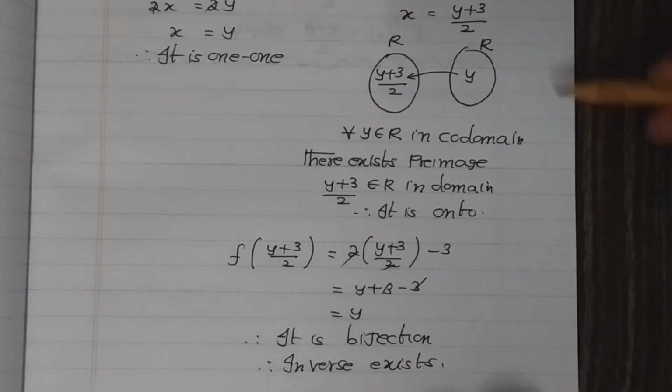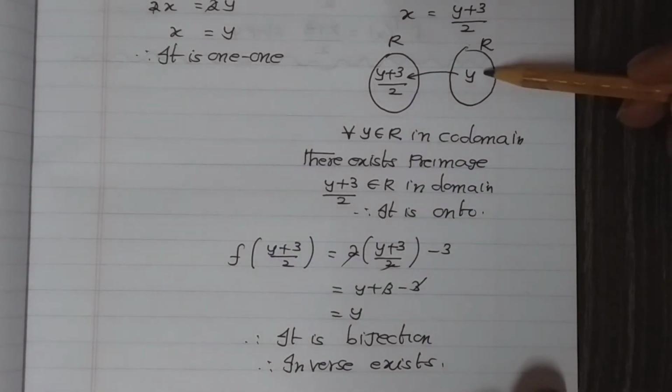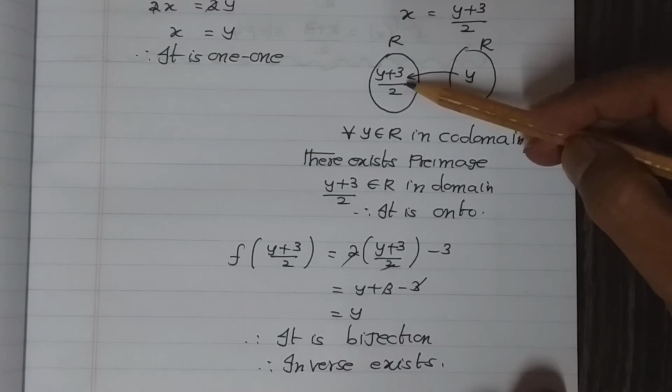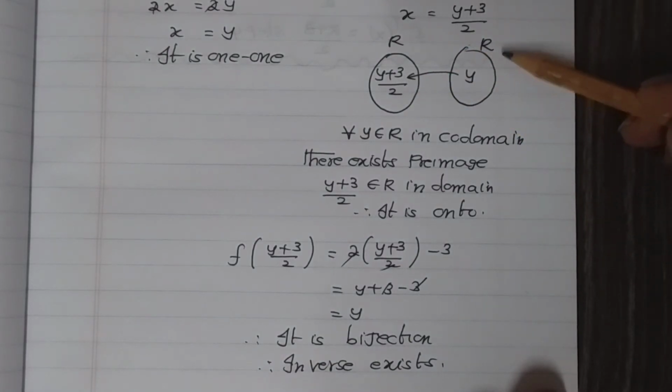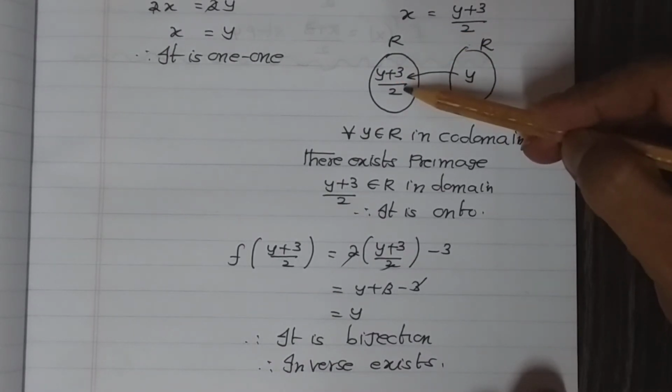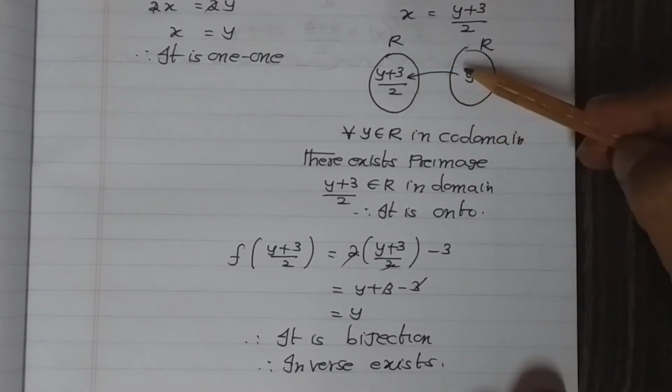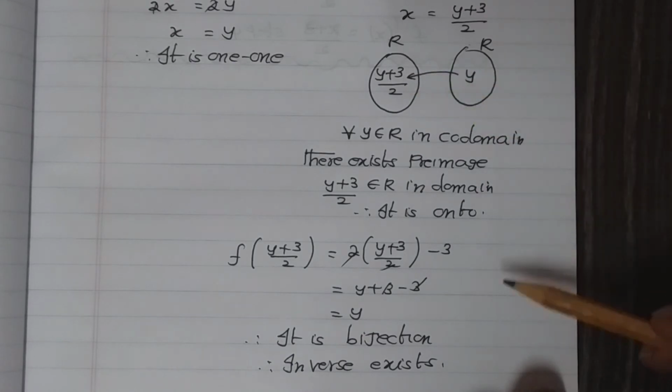That means whatever value of y you take in the codomain, for example, y belongs to real numbers, whichever number you take, there is a corresponding pre-image. For example, if I take 0, plus 3 by 2, 3 by 2. So the pre-image of 0 is 3 by 2. Suppose I take 1, plus 3 by 2, 2. So the pre-image of 1 is 2.